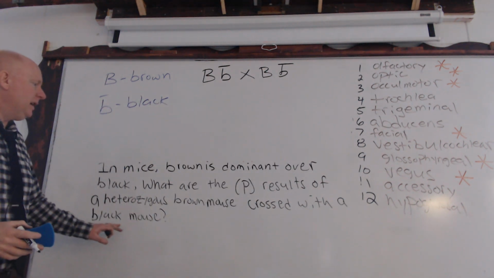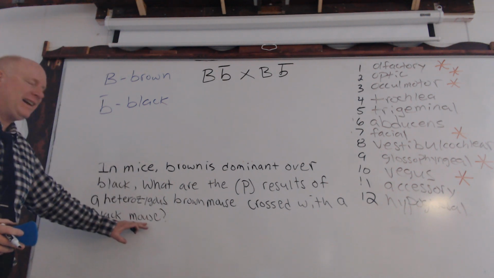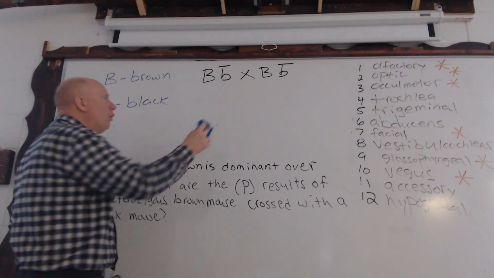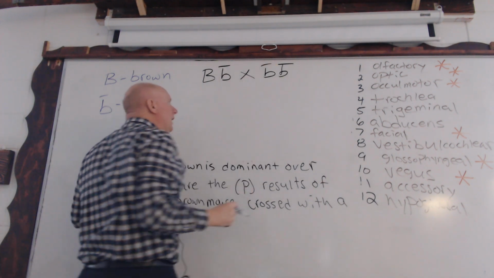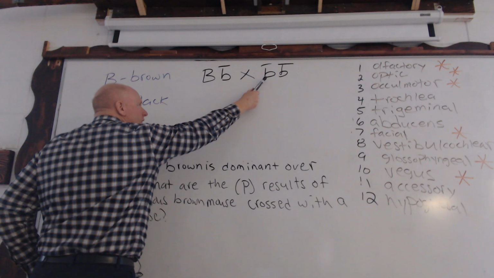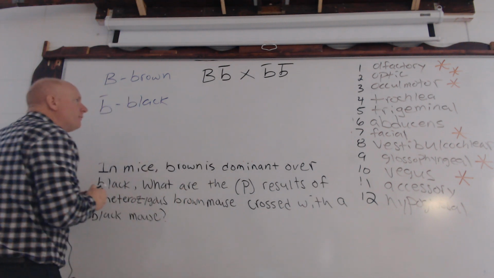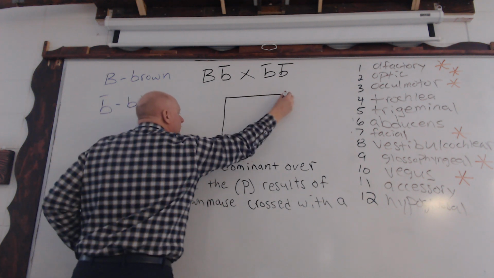So what that means is the only way that we can have a black coated mouse is if both alleles are recessive or lowercase. Okay? Because again, in a dominant cross, if that capital B allele is in here, it's going to be brown in color. Okay, so let's go ahead and do our cross.